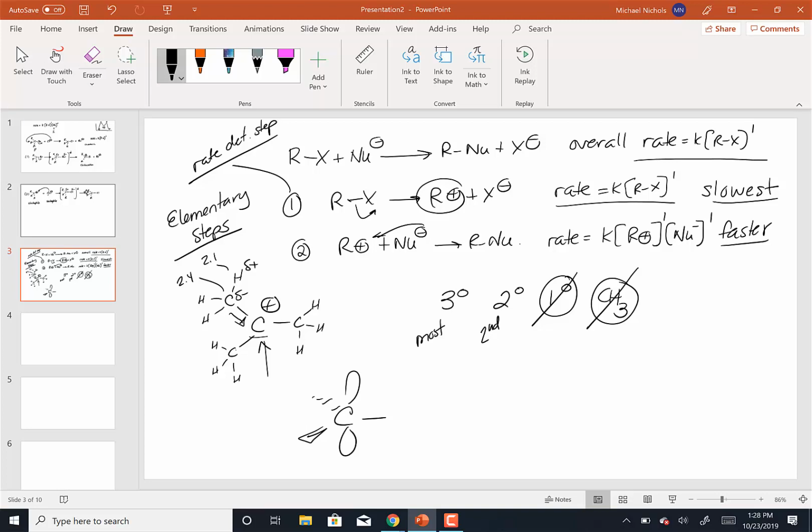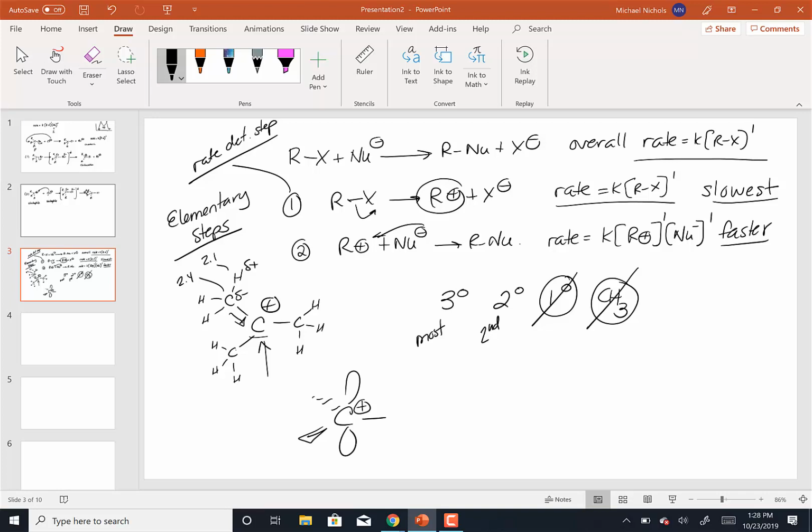I still got an unhybridized p. What's in that unhybridized p? It's empty. There's nothing in that unhybridized p. It's empty because that's what gives the carbon a plus charge.